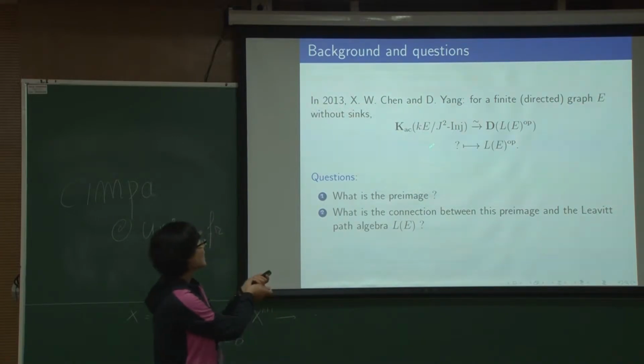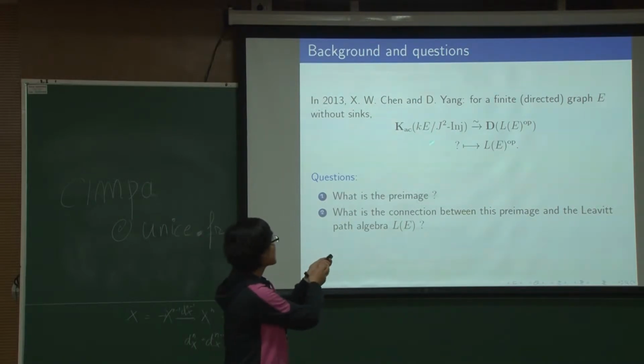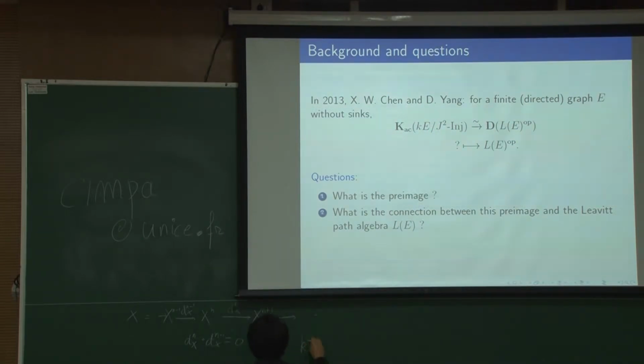First, let's see this category. It is the stable derived category introduced by Professor Krause. So here, let's see this algebra. This is a cosine algebra of the path algebra KE, so here I write KE modulo J squared. Here this square means the ideal generated by all the paths of length 2.